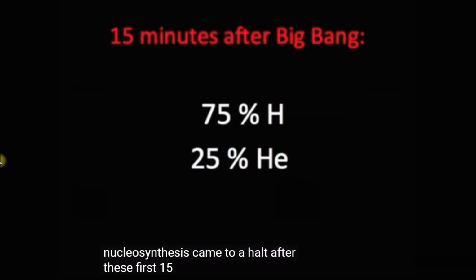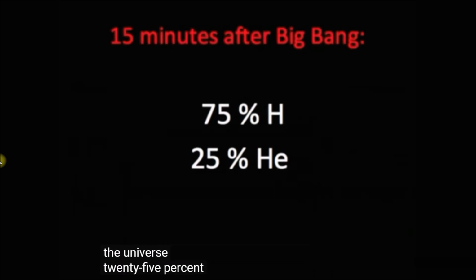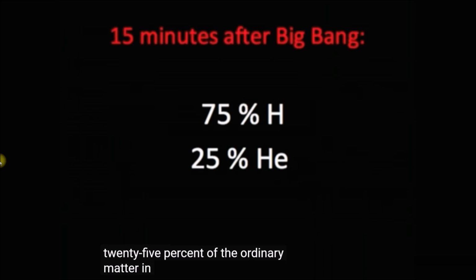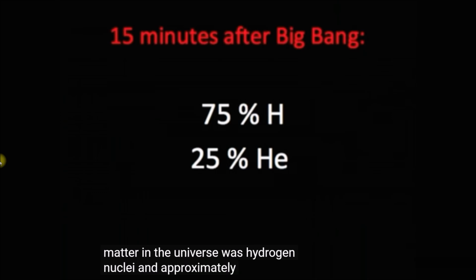After these first 15 minutes of the history of the universe, 75% of the ordinary matter in the universe was hydrogen nuclei, and approximately the last 25% was helium nuclei.